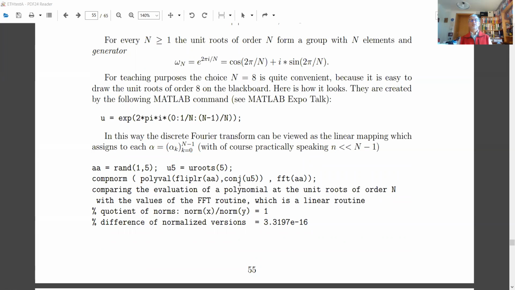So what is the kind of wordy statement that I would derive from this observation? The FFT is giving you in a fast way the same thing which, according to the general definition, is the discrete Fourier transform. Namely, it's giving you the values of a polynomial with the given coefficients, but of course respecting the rules and conventions of MATLAB.